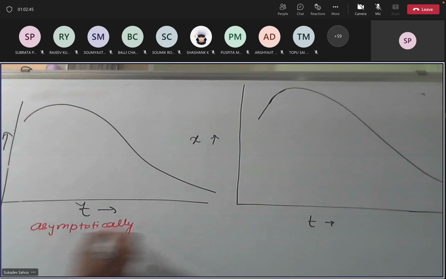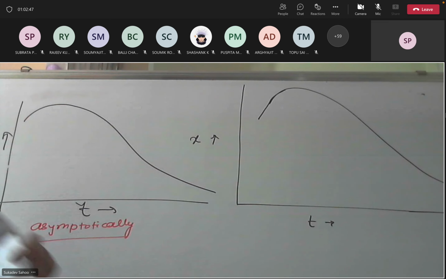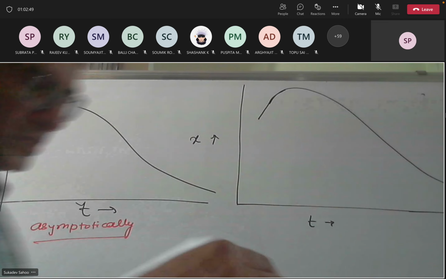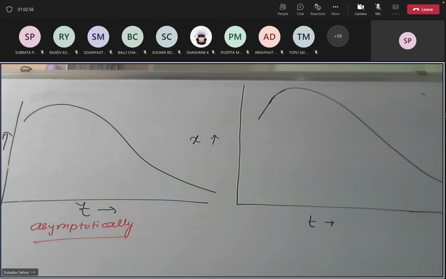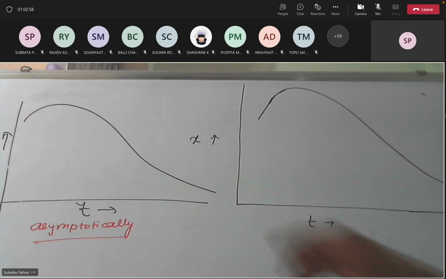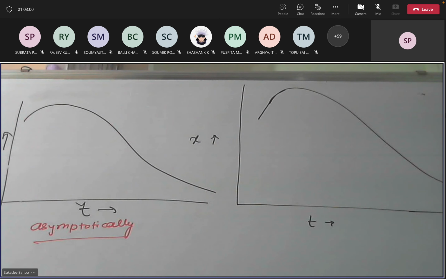I think all of you have read about asymptotes. It decays asymptotically to 0.